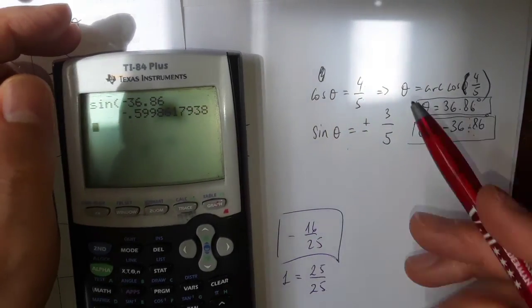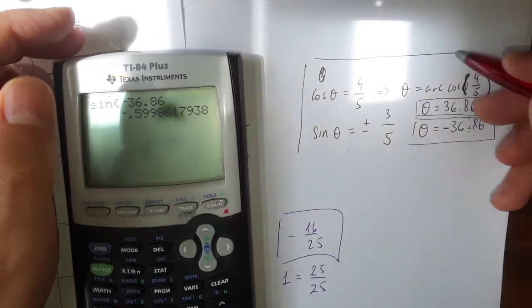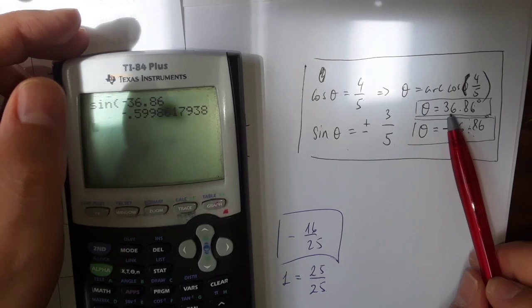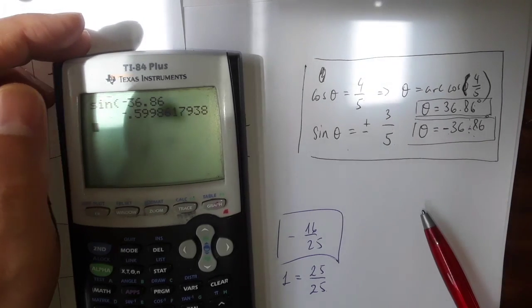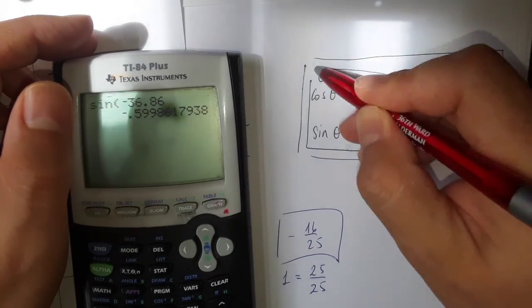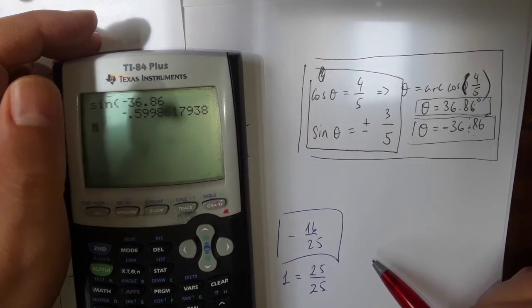So both are solutions between 0 and 360. But again, the first was enough because they are asking only for the sine of theta.